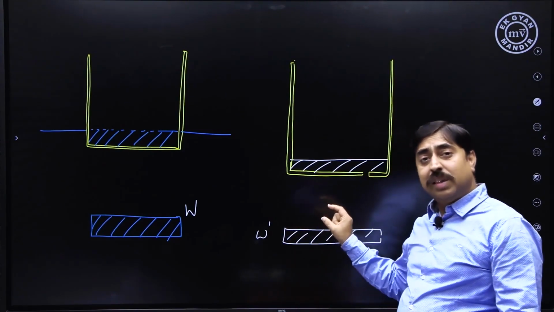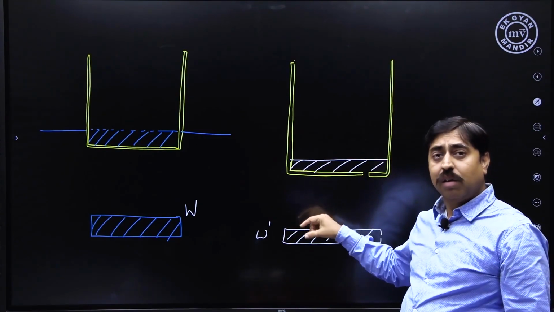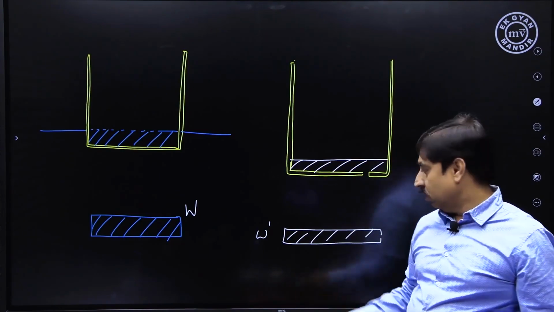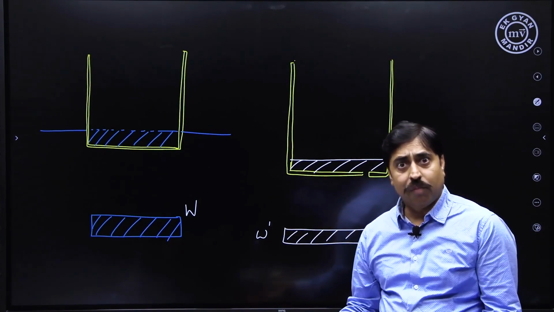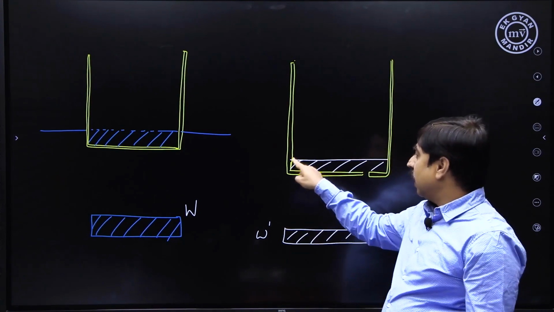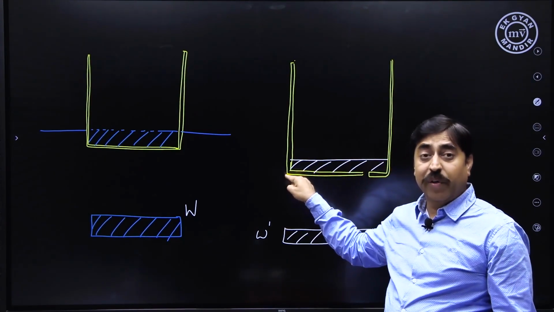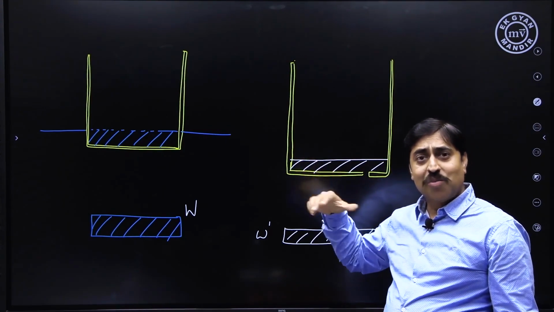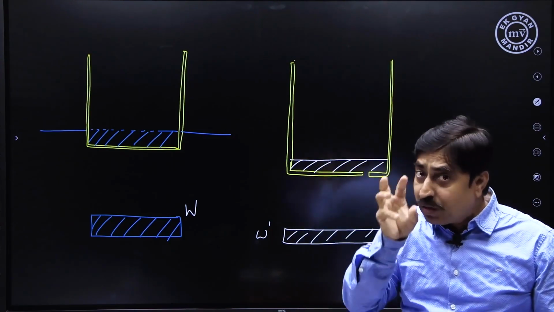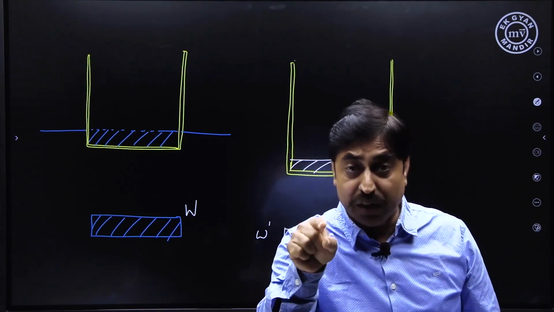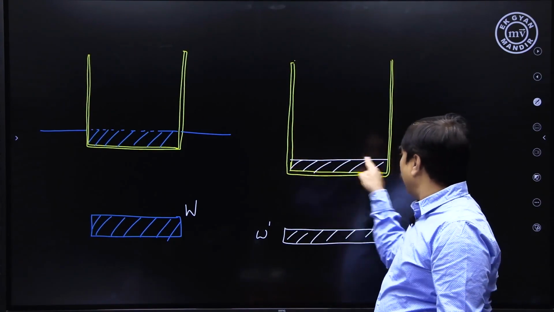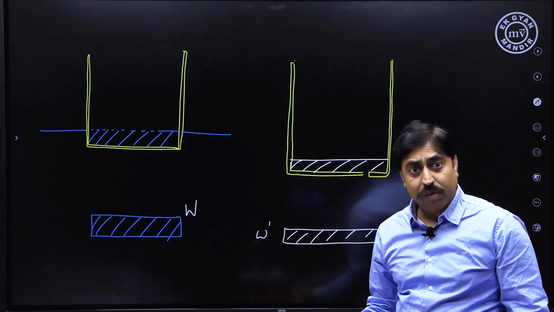Now, to balance this weight of water, how much water needs to be displaced? Same, this much volume of water. This is additional weight inside the boat now, the weight of the white water. So, how much water needs to be displaced to balance that additional weight? The answer is the same volume of water needs to be displaced. Okay.